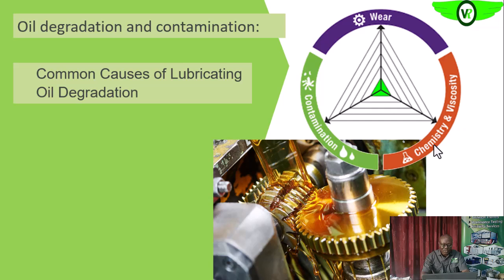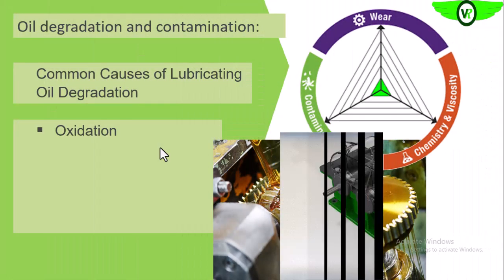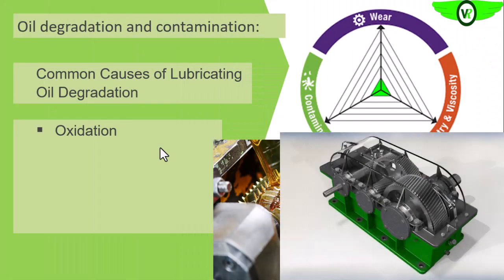So we want to see some common causes of lubricating oil degradation, as we said earlier. The first one that we'll be looking at here is oxidation. So what does oxidation do?